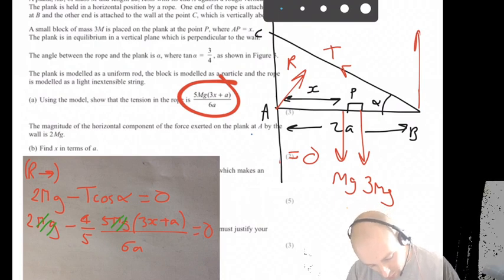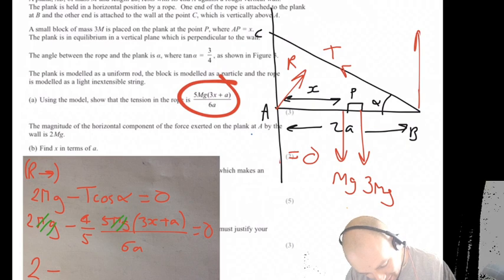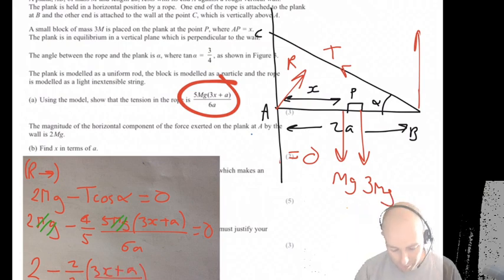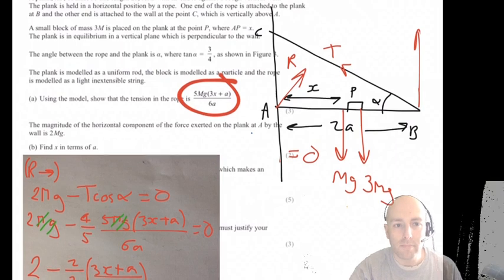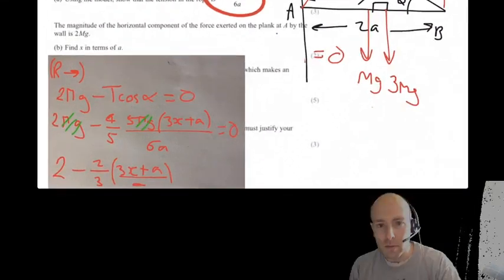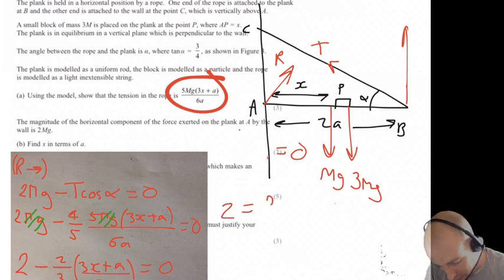So we get 2 minus 2/3 of (3x plus a) over a. Move it over to the other side to get 2 equals 2 lots of (3x plus a) over 3a.